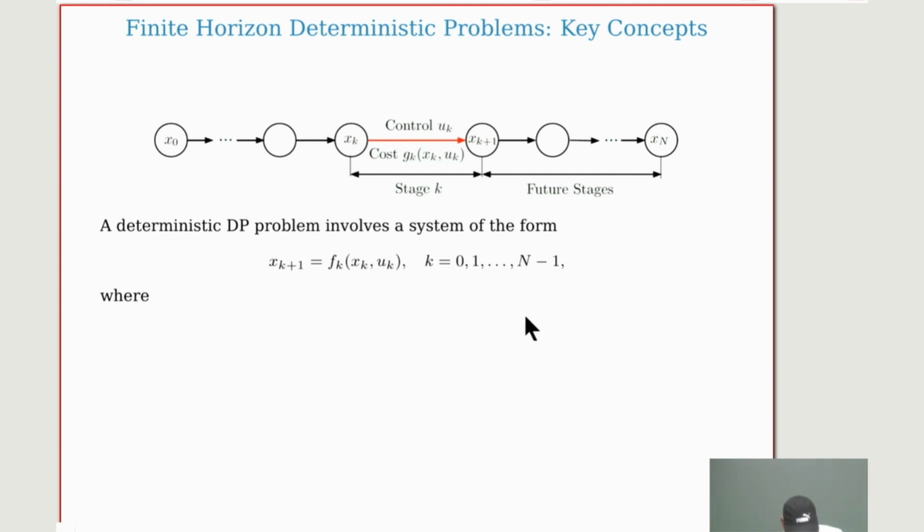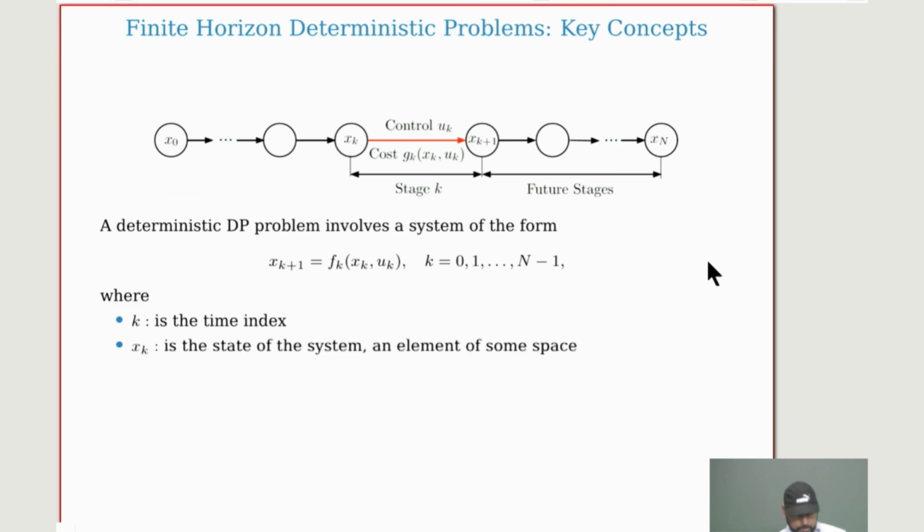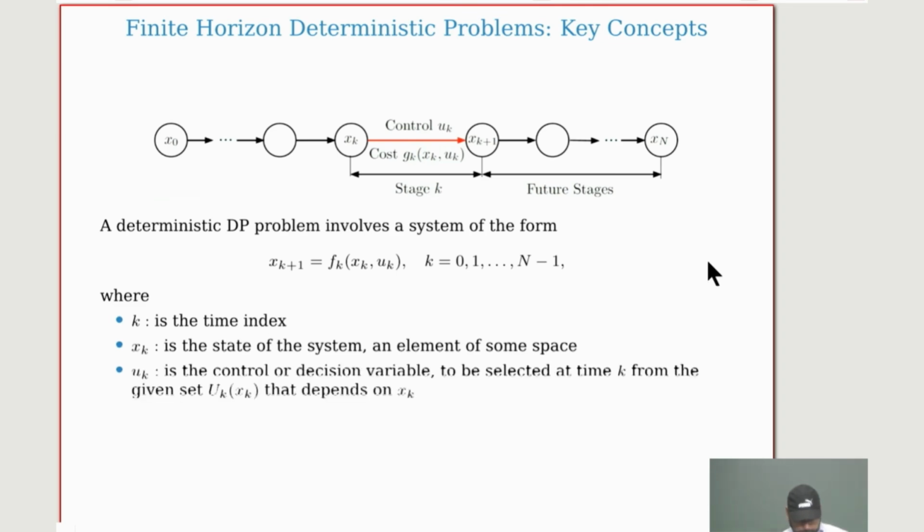So now k is the time index, that's clear. xk is the state of the system, an element of some state space. And uk is the control or the decision variable that I have said already, to be selected at time k from the given set Uk(xk). As I said, the control uk at stage k comes from many possibilities, and you will pick one of them.